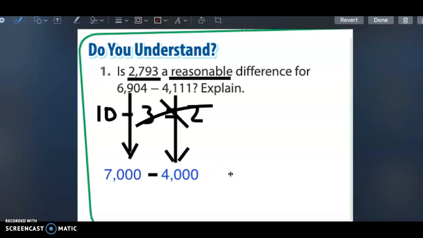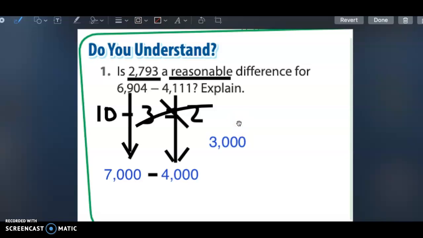Now, 7,000 minus 4,000 is much easier to do using mental math than the initial equation. So 7,000 minus 4,000, if I have 7 thousands and I subtract 4 thousands, I get an answer of 3,000. So that is my estimate.